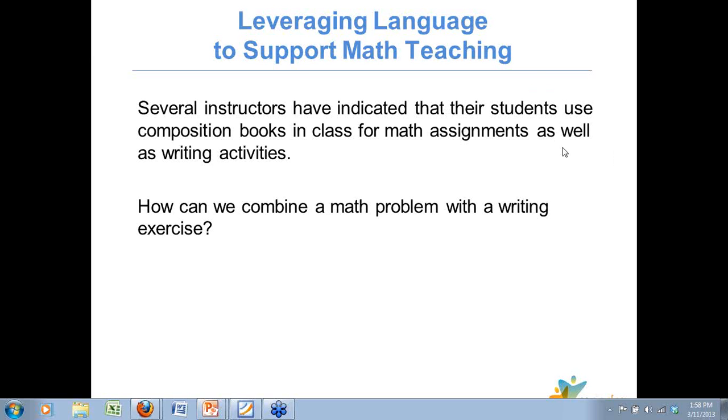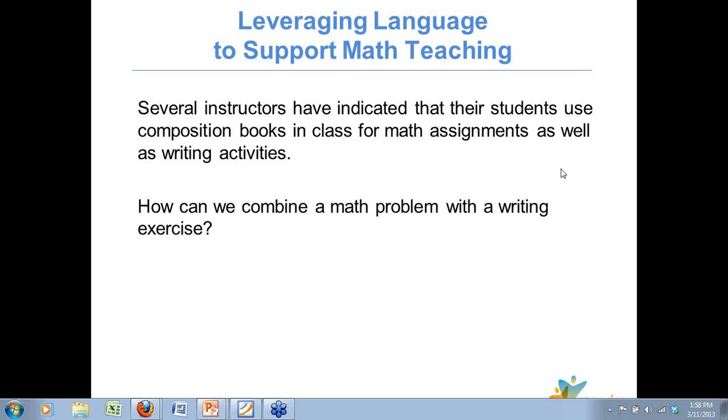Sorry. One thing I've tended to do with Cornell Notes is I've done a Cornell Notes where they have math. Sorry about that, my phone's ringing. You have math problems on the one side and you go through it step by step so you can solve it on both sides, as far as looking at it and writing about it.